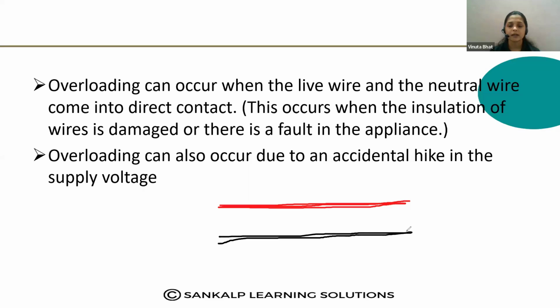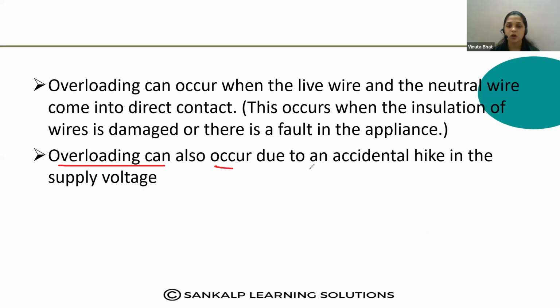When they come into contact, overload occurs, if the insulation is damaged. There is an insulating covering around them. If it is damaged, there is a chance of the wires coming in contact with each other, so it causes overload.